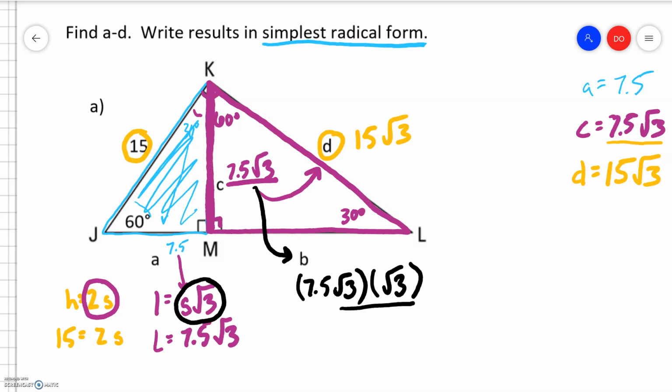When I'm multiplying radicals, square root of 3 times the square root of 3 would be the square root of 9, and the square root of 9 is 3, so this really means 7.5 times 3. So the value of B would be, let's see, 7 times 3 is 21. The 0.5 times the 3 would be 1.5. Add those together to get 22.5.